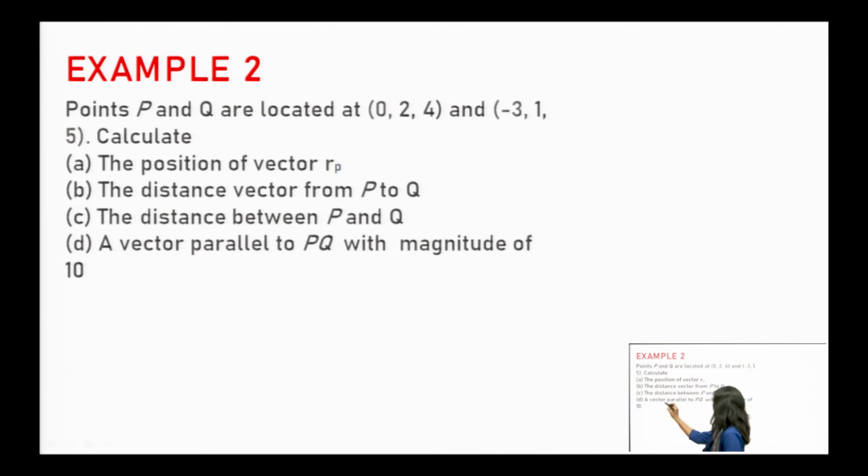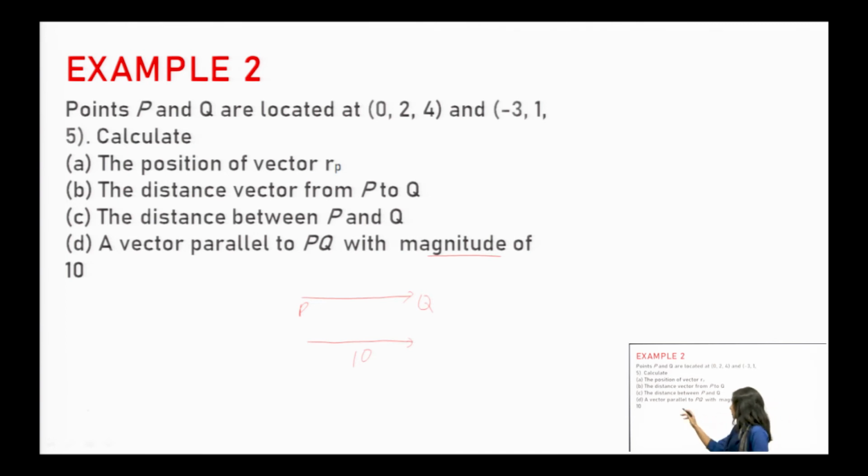Suppose there is P and Q, we need to find the value of a vector which is parallel, means our desired vector is this one, whose magnitude is 10. To find this kind of vector we need to find the direction, because magnitude is already given, and any vector quantity has two things, magnitude as well as direction. So magnitude is already given, now we need to find the direction.